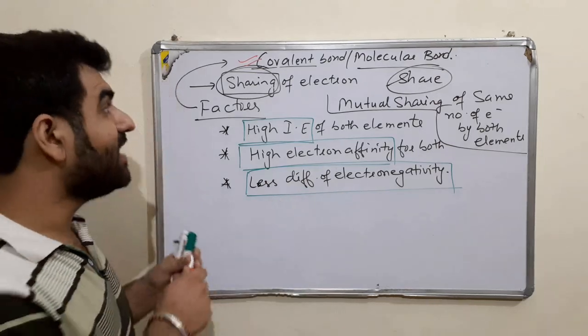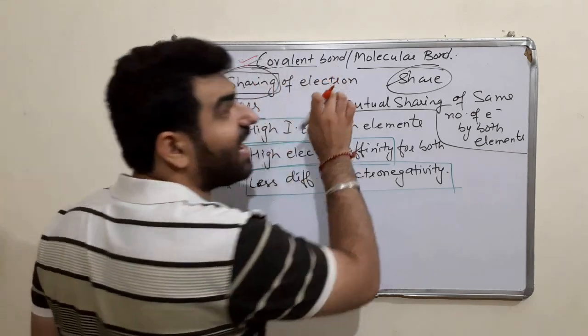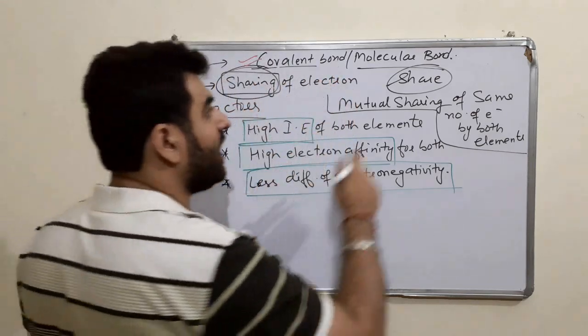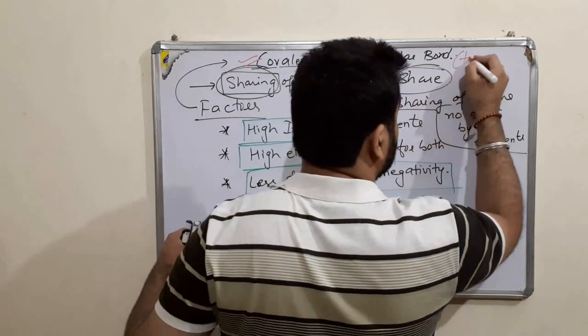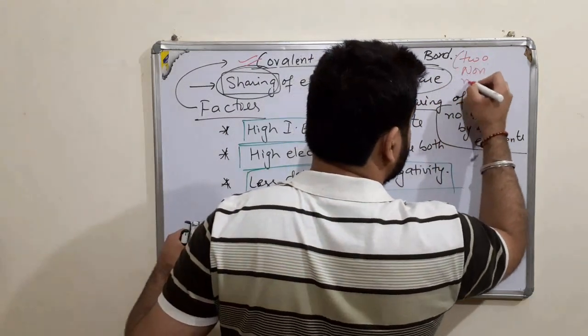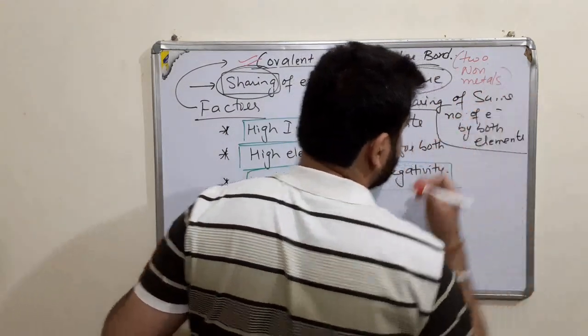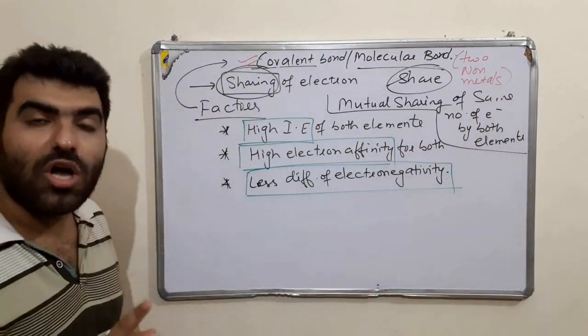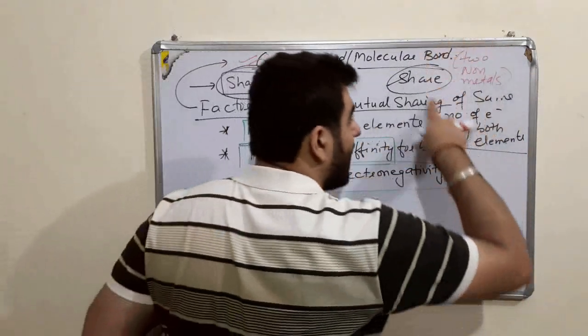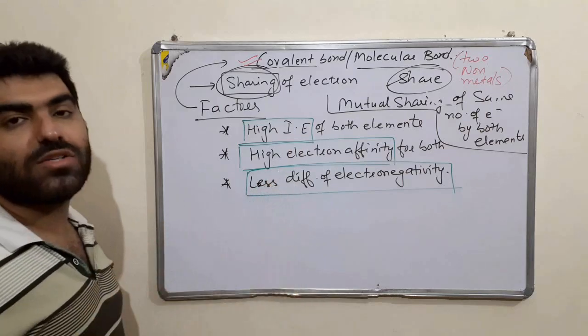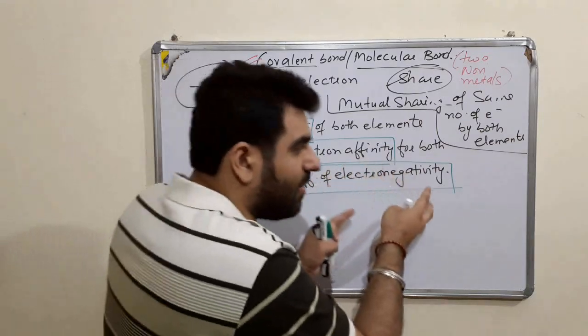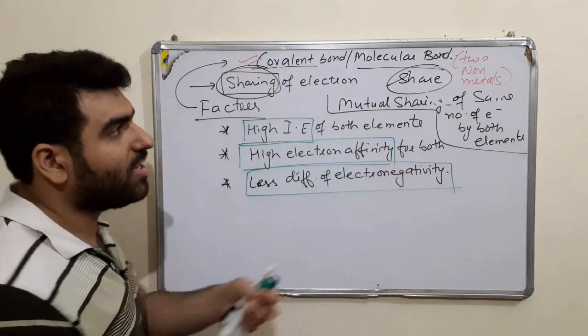Alright, so it means the covalent bond is always formed between two non-metals. The previous bond was formed between a metal and a non-metal, where there is a transfer of electrons.